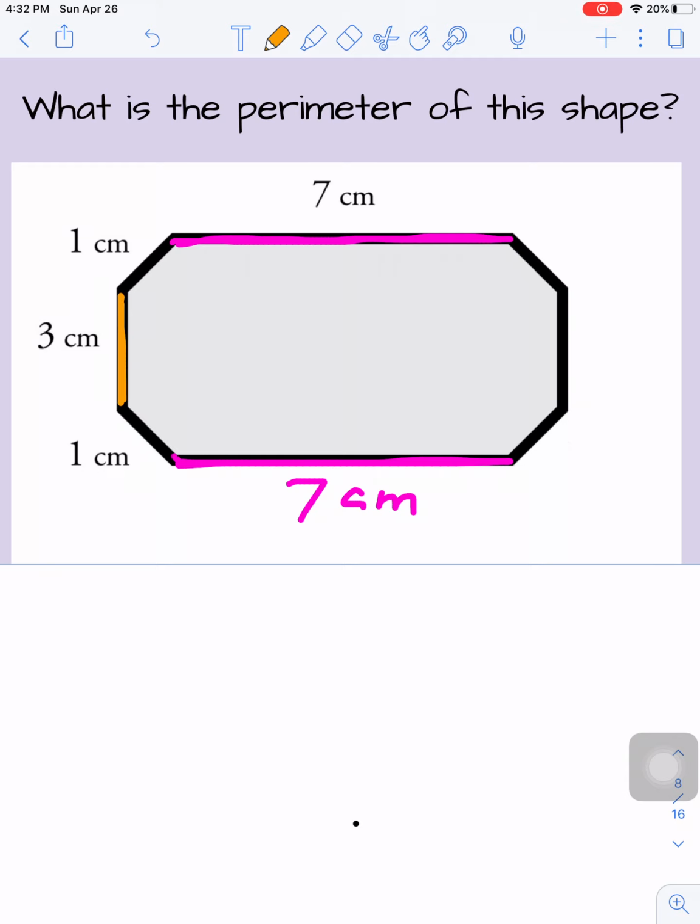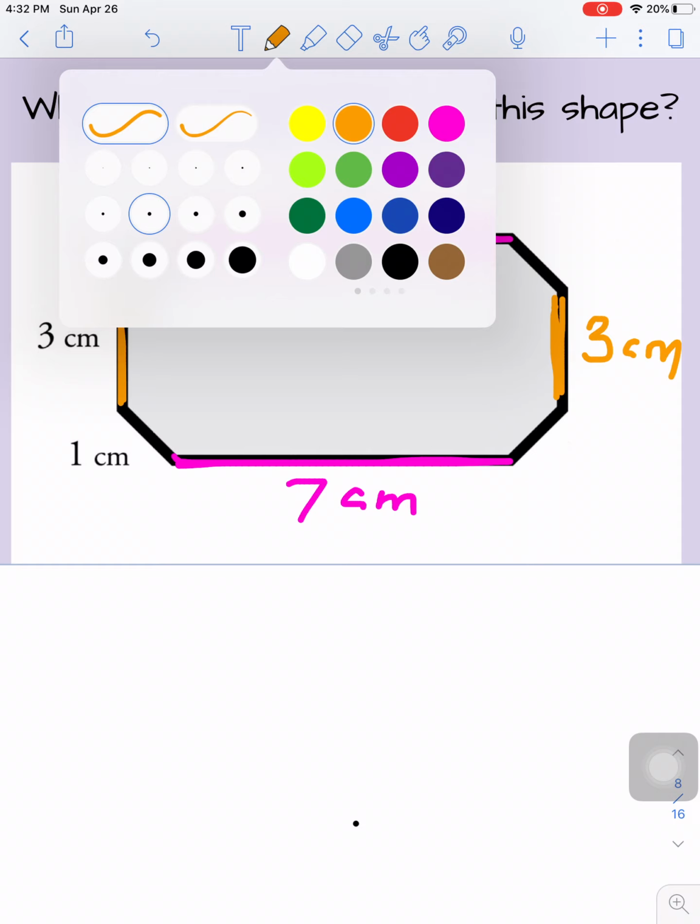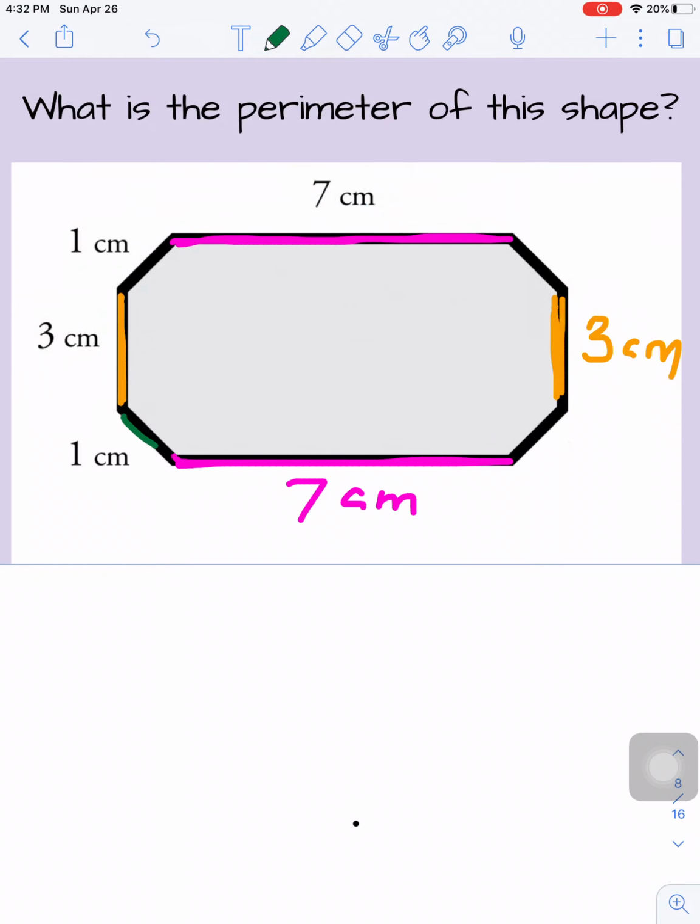This side is given to us as 3 centimeters. So I know that this side over here is also going to be 3 centimeters. And then lastly, these corner pieces are labeled as 1 centimeter. So I know the corner pieces on the other side will also be 1 centimeter.